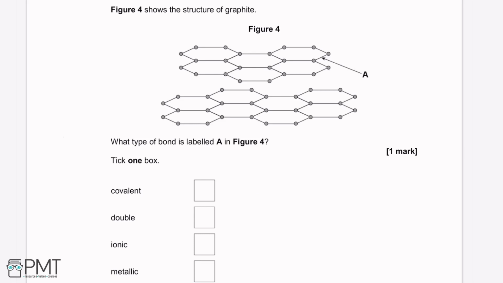Figure 4 shows the structure of graphite. What type of bond is labelled A in figure 4? Again, we need to tick 1 box for 1 mark. So let's think about what we already know about graphite. Well, graphite is what we call an allotrope of carbon, which means it's a form of carbon.